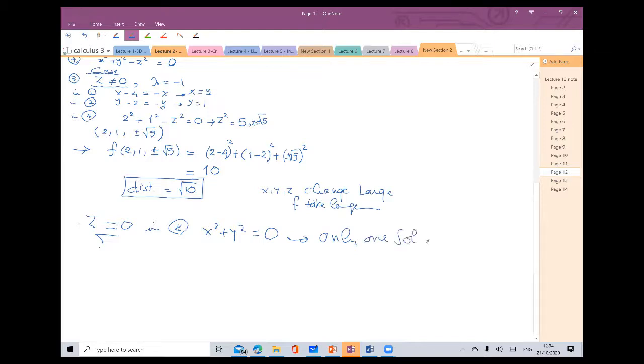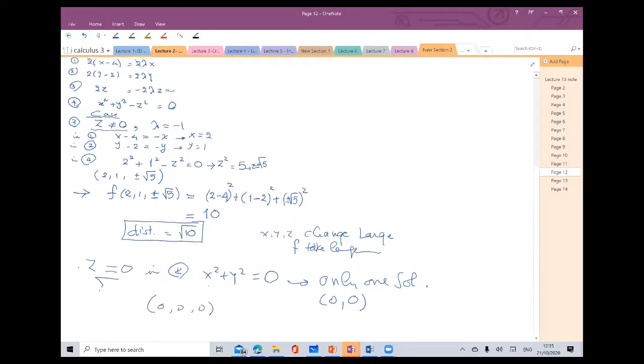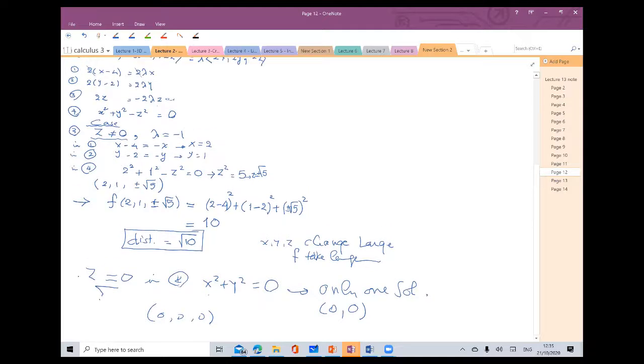What is this solution? When is x squared plus y squared 0? If and only if x is 0 and y is 0. So if x is 0 and y is 0, the point I'm talking about is the point (0, 0), which is actually not satisfied by the derivatives, by these scalar derivatives.